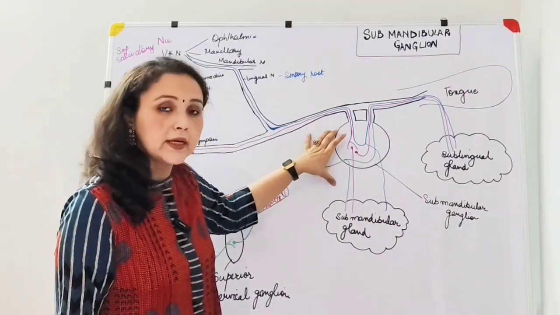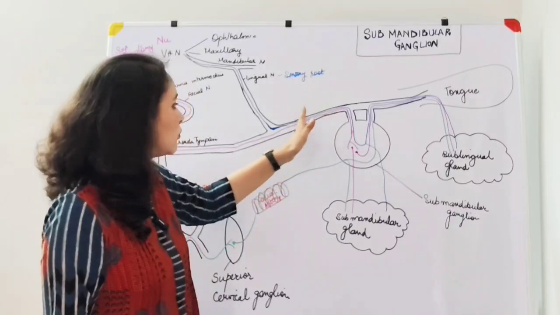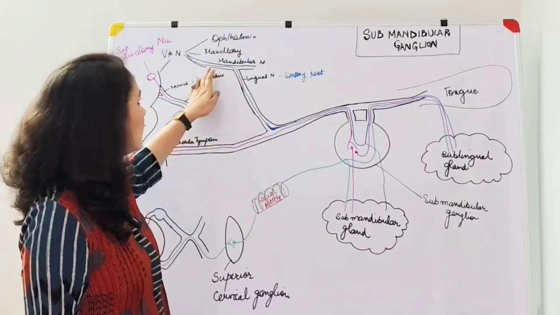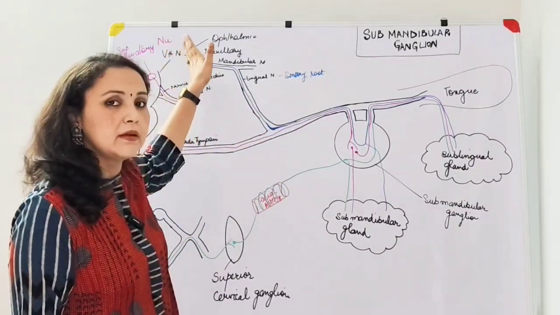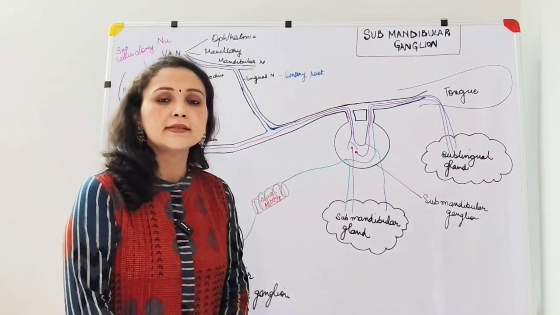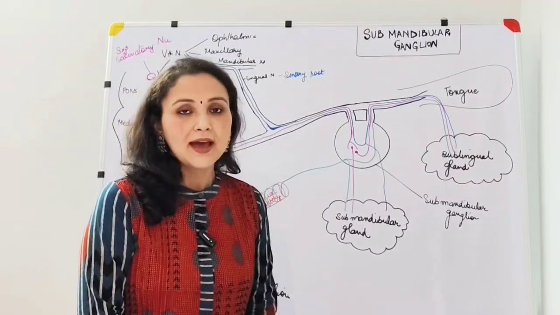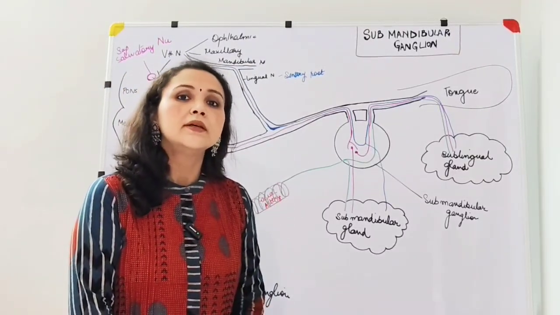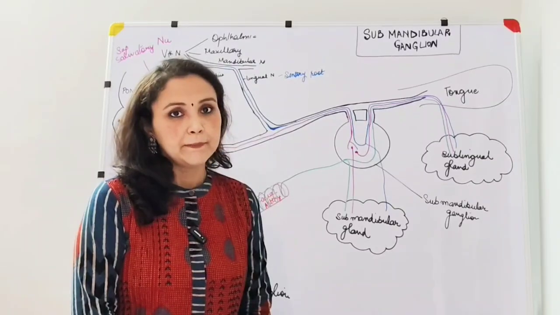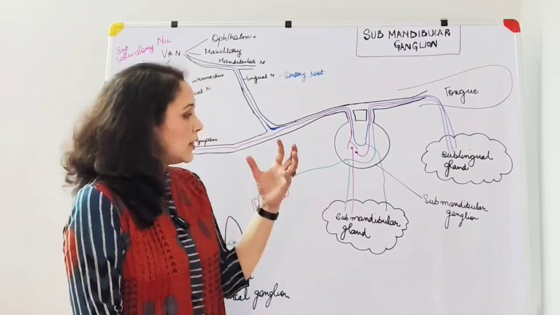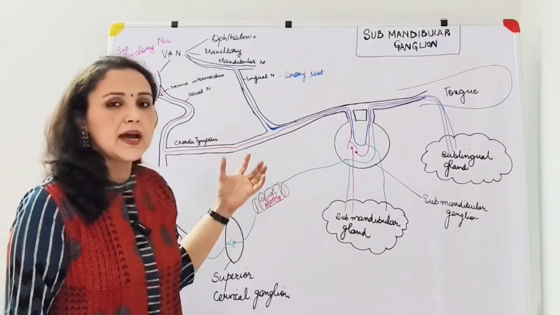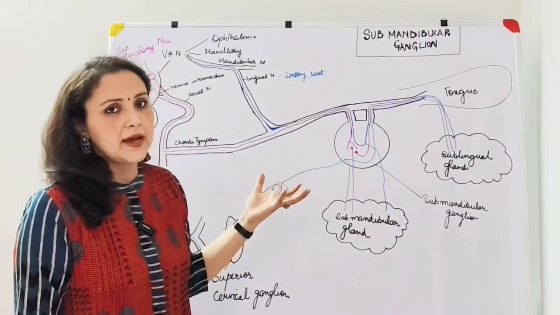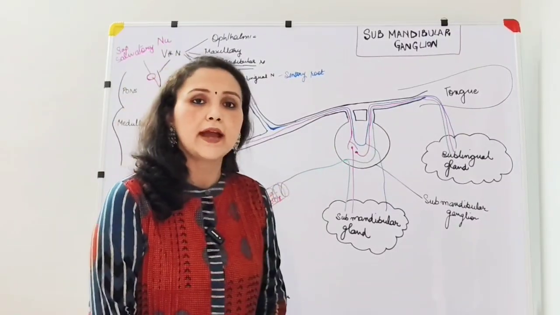They will not relay in the ganglion, and pass up through the lingual nerve, then the mandibular nerve, the trigeminal nerve, and to the higher centers where the relay station is the thalamus, and then finally to the sensory cortex of the cerebrum. So, various MCQs can be asked regarding this topic. It can be asked where the submandibular ganglion is present.